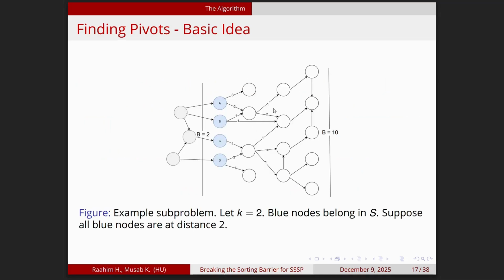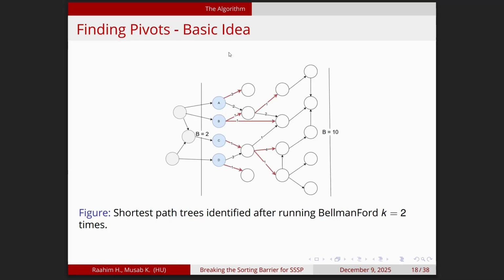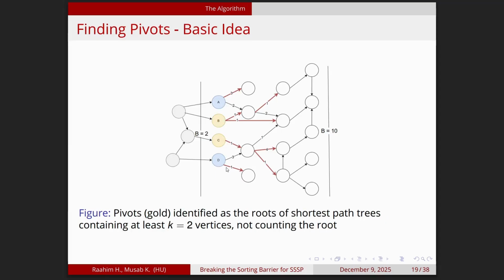To illustrate this idea, suppose this is a subproblem where all of these nodes are in \tilde{U}, and the set of sources is A, B, C, and D, and k is set to 2, and the bound is set to 10. We first run Bellman-Ford k equals 2 times, so we identify all two-edge shortest paths, which you can verify is the case here. Identify the paths in maroon. Then we have these shortest path trees, four of them, from A, B, C, and D. We're only going to keep those sources as pivots that are the roots of trees with at least k nodes, not counting the source.